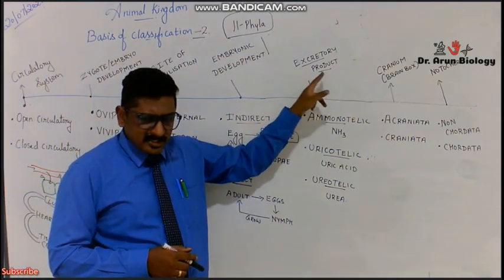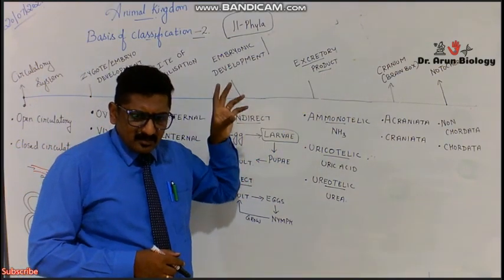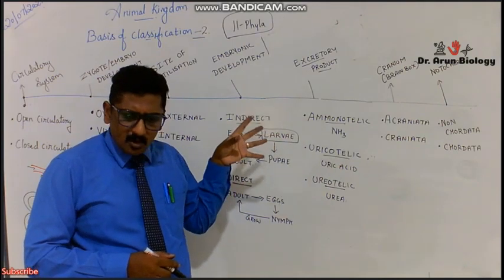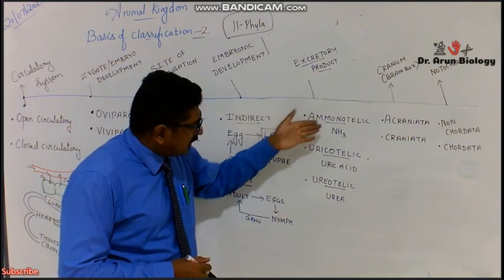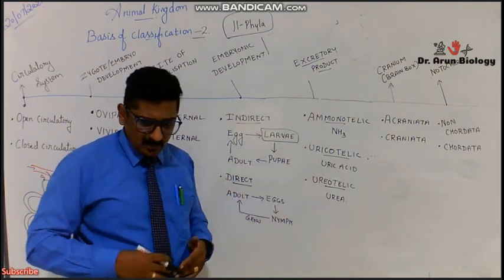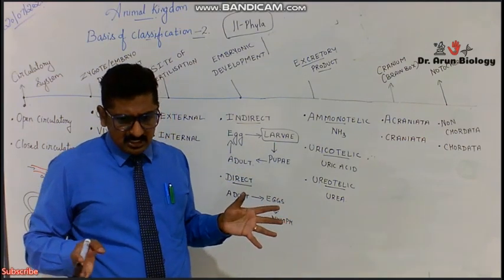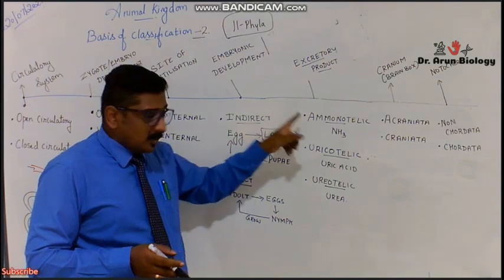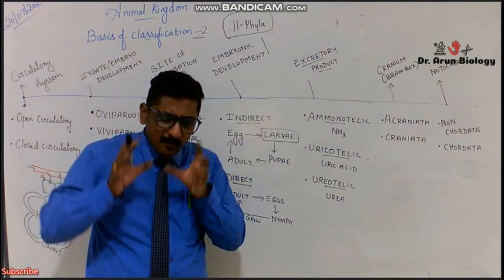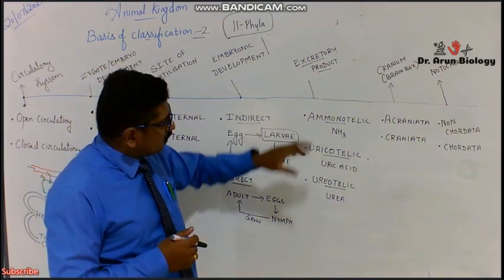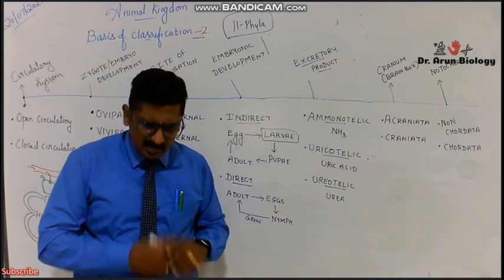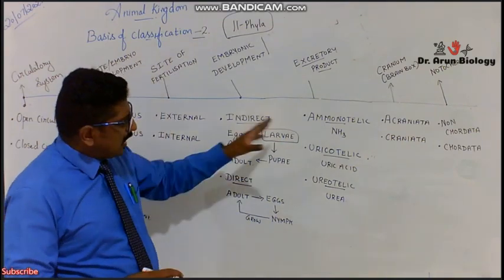Based on the excretory products, there are three that we have taken: ammonia, uric acid and urea. Among them, ammonia requires a lot of water for detoxification. Therefore, an organism excreting ammonia as its excretory waste is called an ammonotelic organism. Most aquatic organisms are ammonotelic.